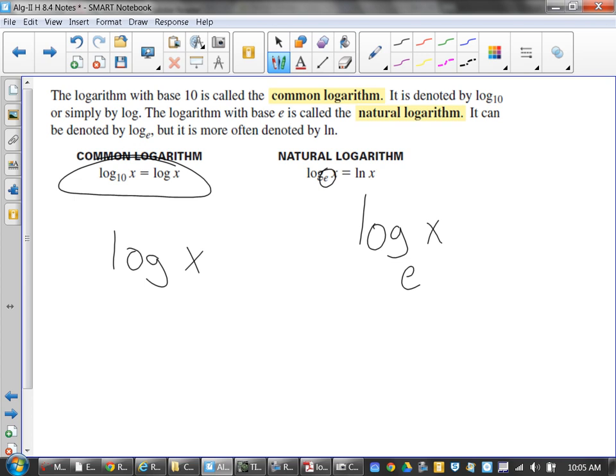The log base e is called the natural log, written ln, which stands for natural log. And on your calculator, there should be an ln button, probably somewhere around e, right under log. See how natural log and e to the x are on the same key? Because e to the x, when you have log base e, you get natural log.